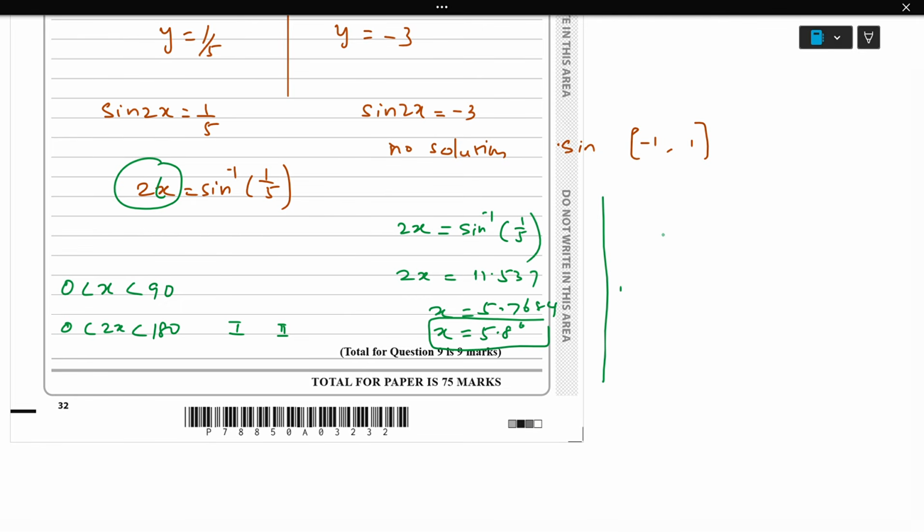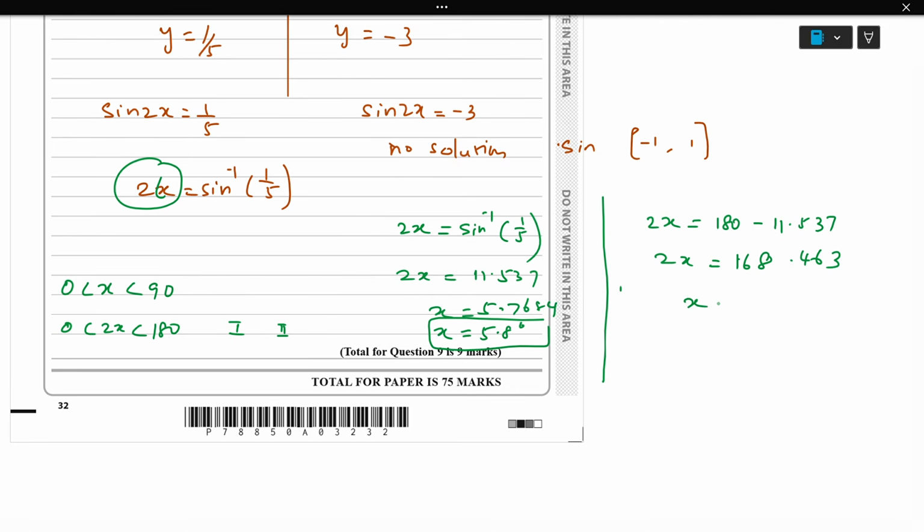Second solution: because it is in the second quadrant, we have to do 180 minus this 11.537, which gives 2x equals 168.463.